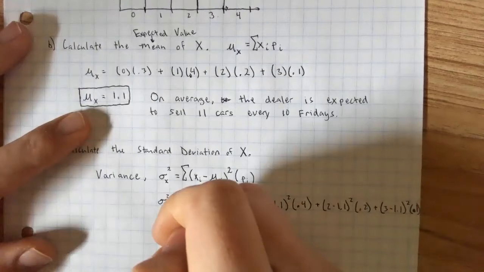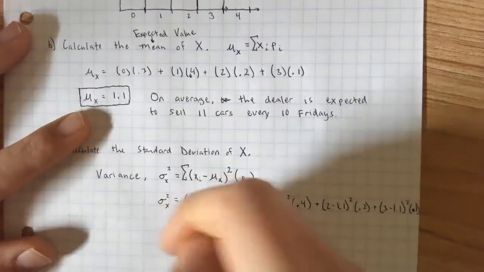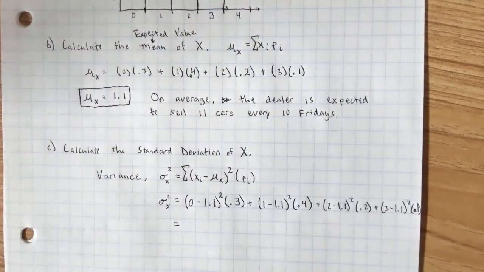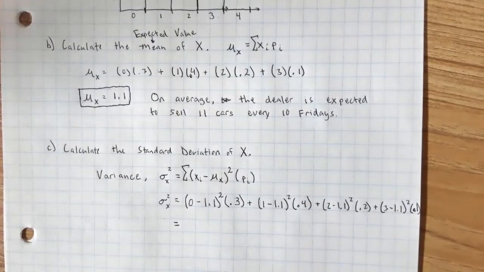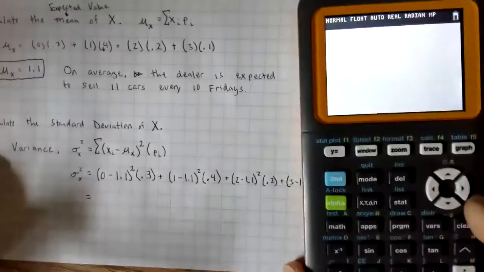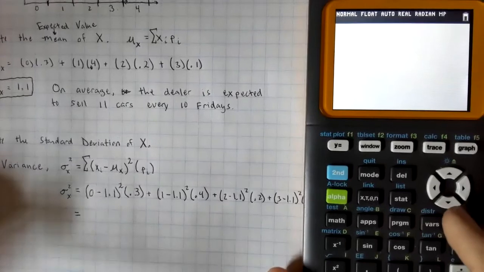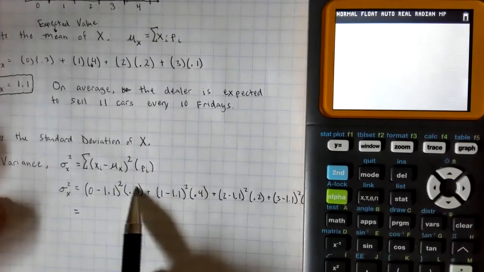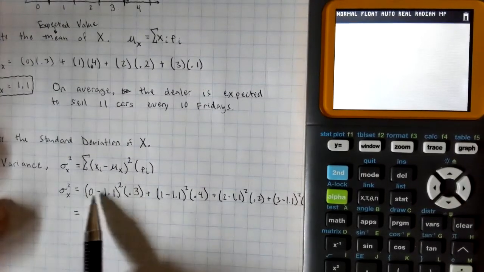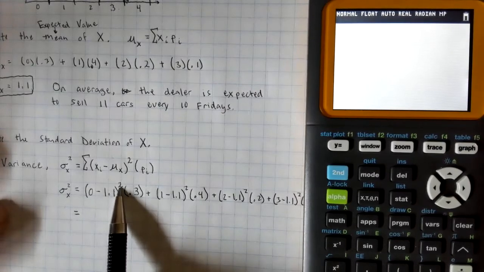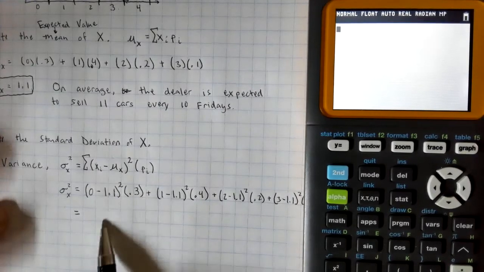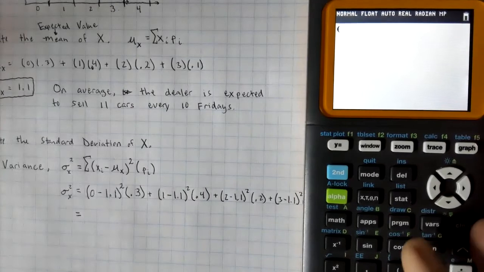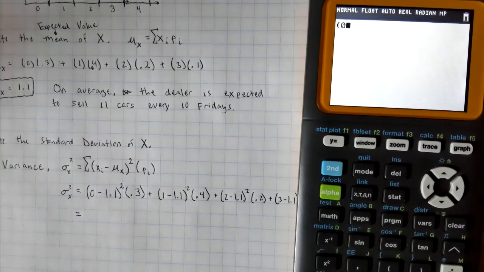Okay, I am going to go ahead and rely on the calculator for this. Kind of preference at this point too. You can break down each piece individually, like just do 0 minus 1.1 squared times 0.3 and write its value down here. I'm going to go ahead and try to just do all of this in one step without making a mistake.